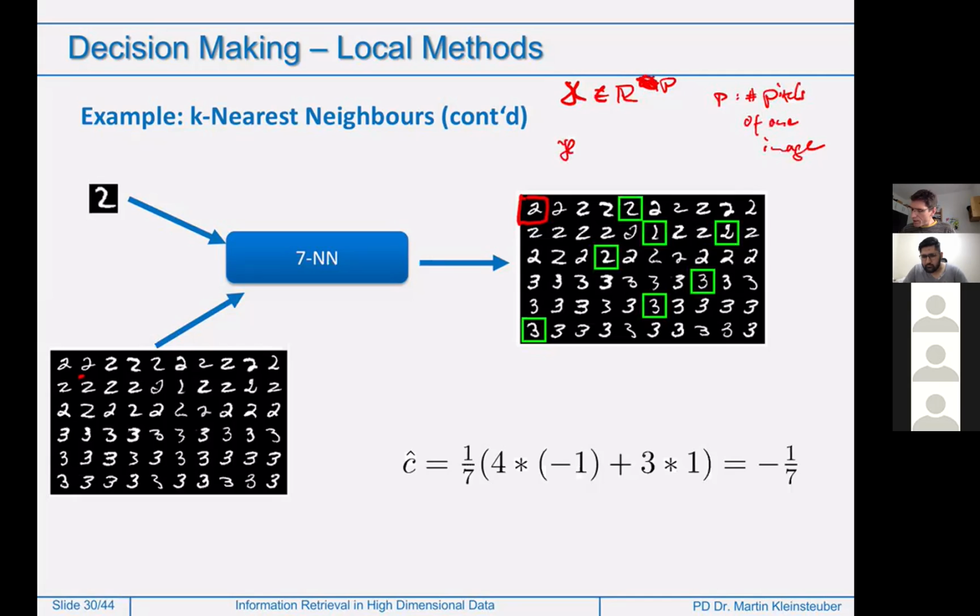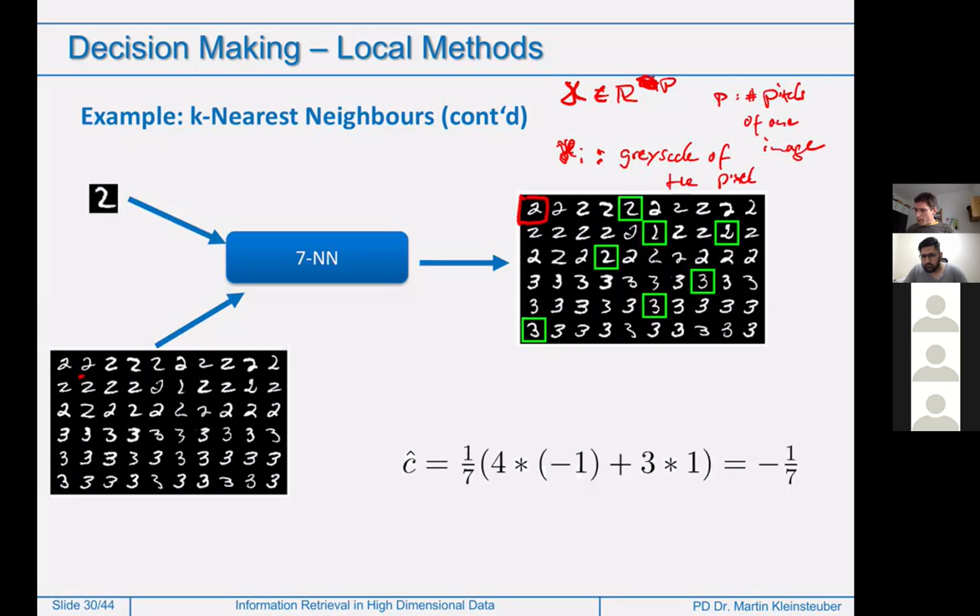So the value here, x_i, is the gray value or grayscale of the pixel.